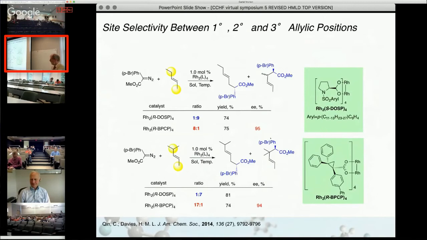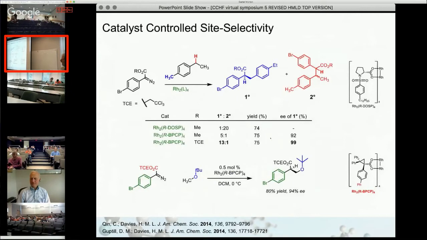So the second feature, next slide please, that we discovered is that if one modified the size of the ester, one could actually improve the reaction quite a bit. Now, you can't use your normal large alkyl because they will undergo intramolecular CH functionalization. So the system that works extremely well here is the trichloroethyl grouping.